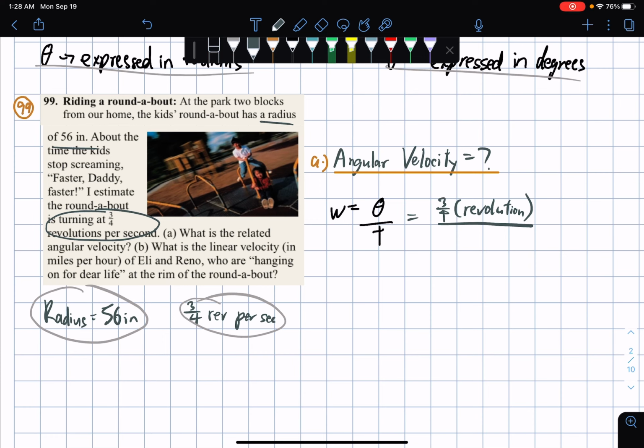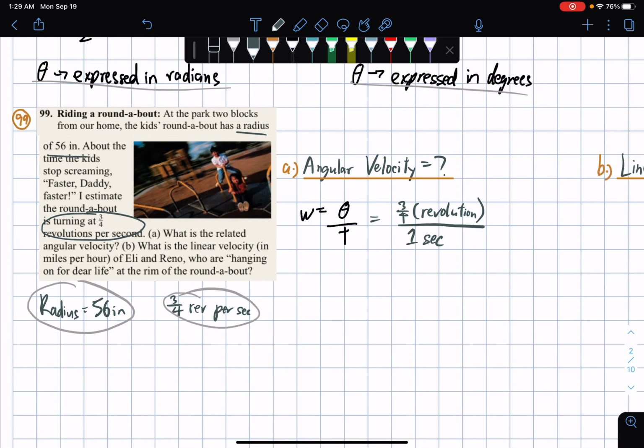Our t is seconds, or per sec, since it says here rev per sec. If it's rev per minute, then the time will be 1 minute, but that's not the case right now.